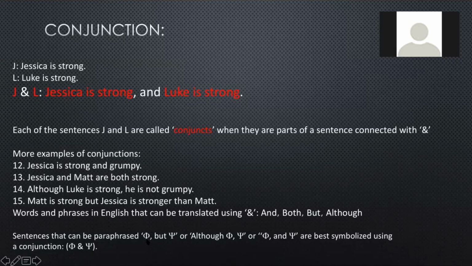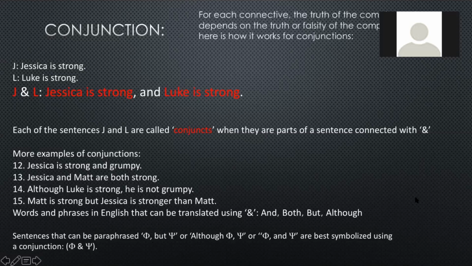Again, we're using these Greek letters to stand for any sentence, any simple sentence, any complex sentence. What we're saying is all of these sentences could be translated as phi but psi, or although phi, psi, or phi and psi, and are all going to be best symbolized using a conjunction.